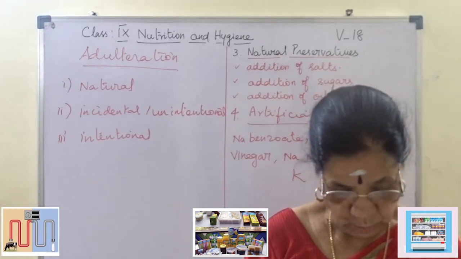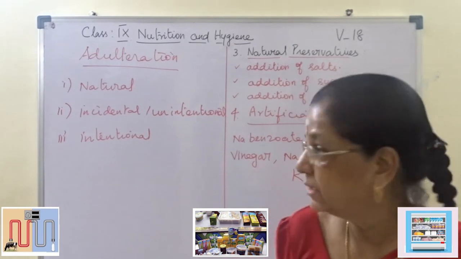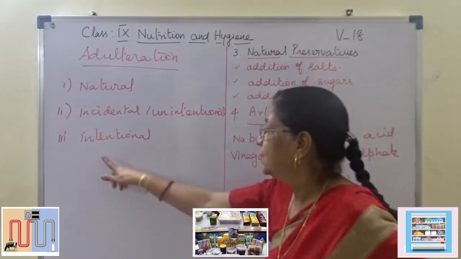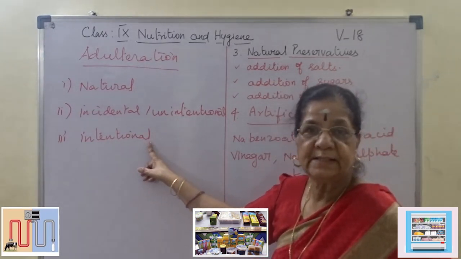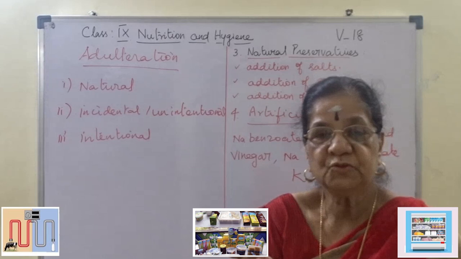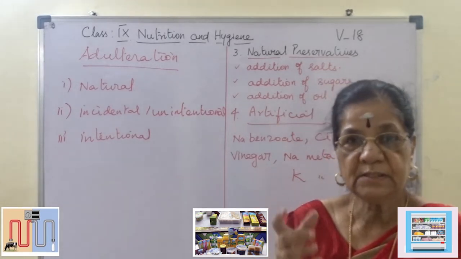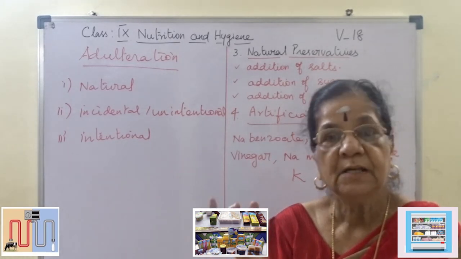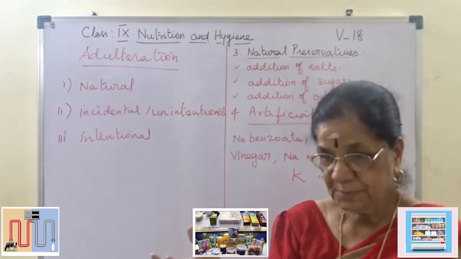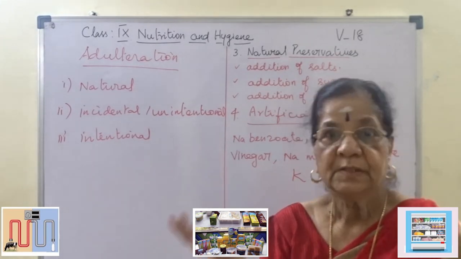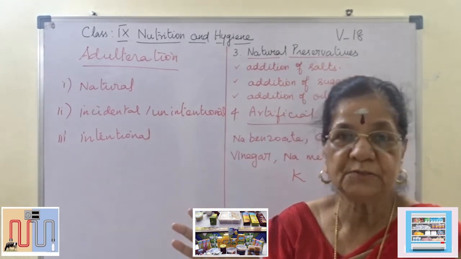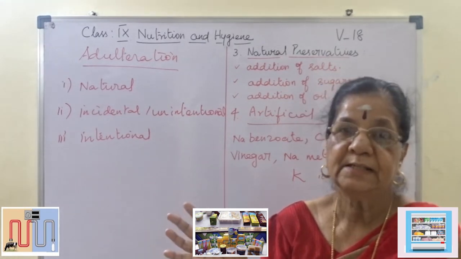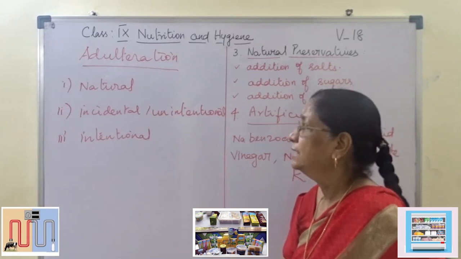Whereas when it goes without our knowledge, that is incidental. Some people add additional adulterant substances to increase the weight. Or if one businessman is doing much better than another, out of jealousy they may purposefully add adulterant. So that is intentional.